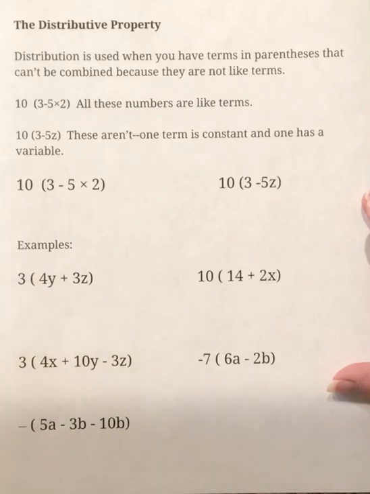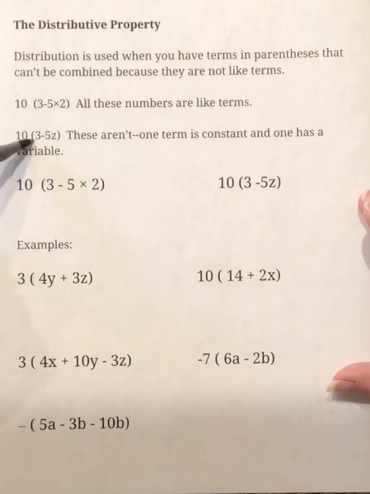They're all just plain regular numbers. But if I look here, in these parentheses, I have 3 minus 5z. These are not like terms. 3 is a constant, but negative 5z is not constant because what this term is worth depends on what the value of z is. So I can't combine these.